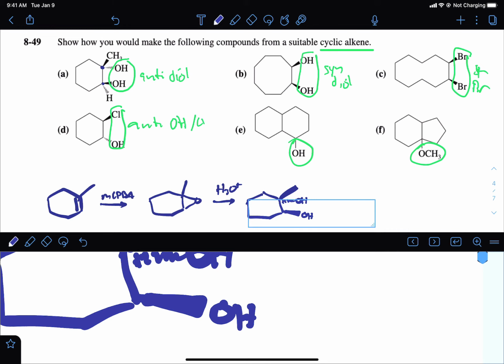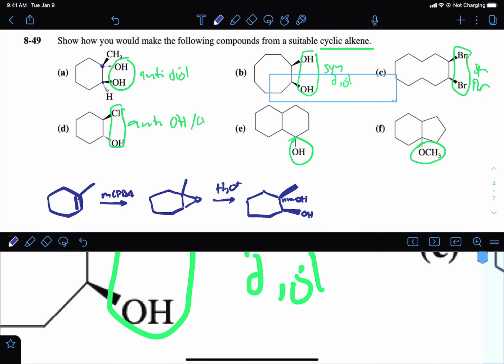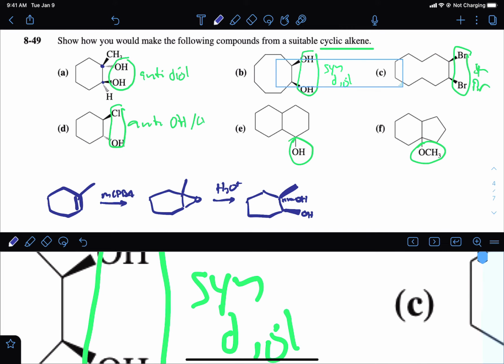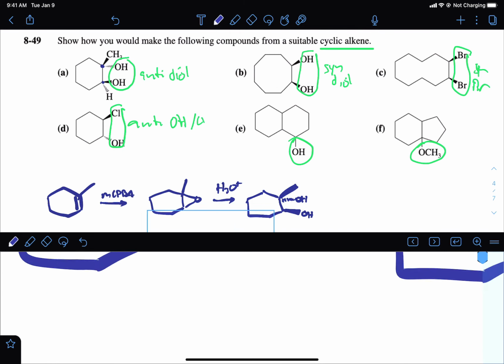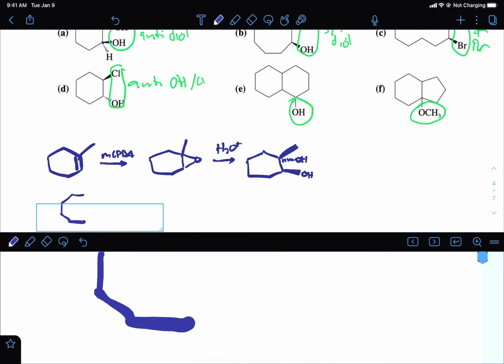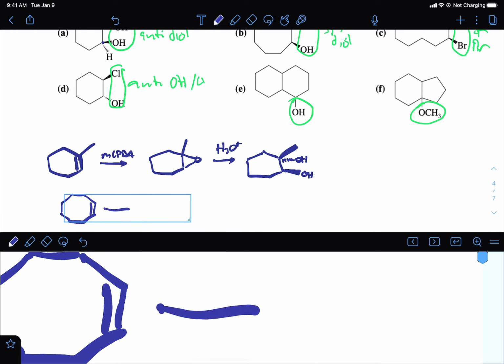Okay, syndiols. We saw two ways to do this, with OsO4 and H2O2 or KMnO4 cold. Okay, so for the second one, they use an 8-membered ring. That's a bit of a pain. But there's our double bond.